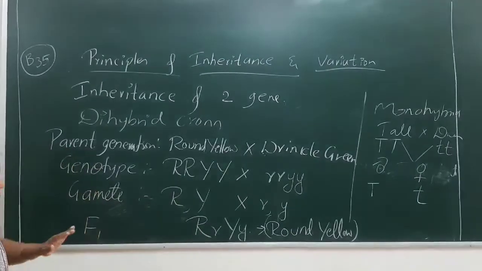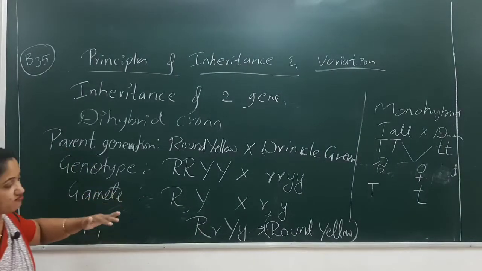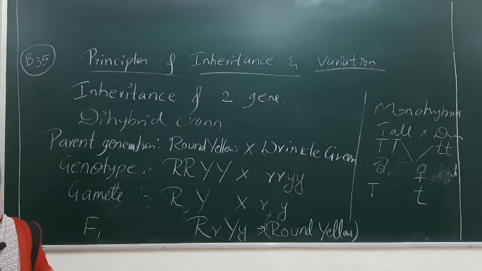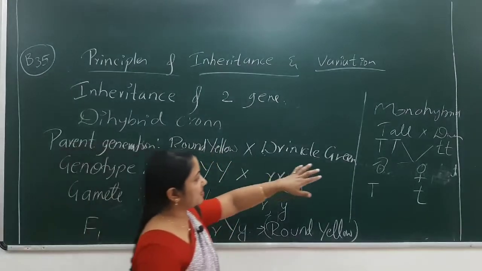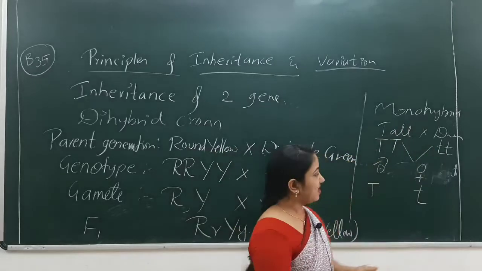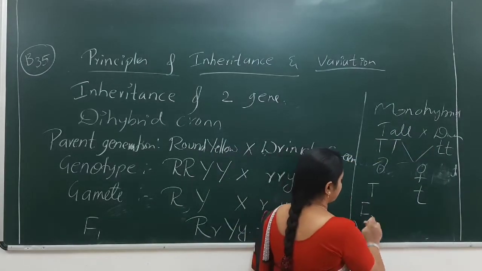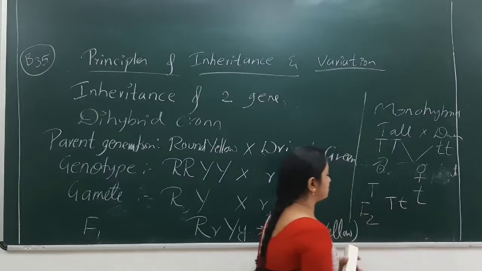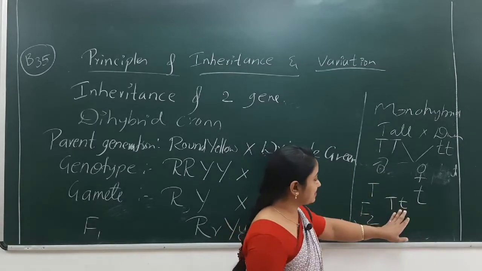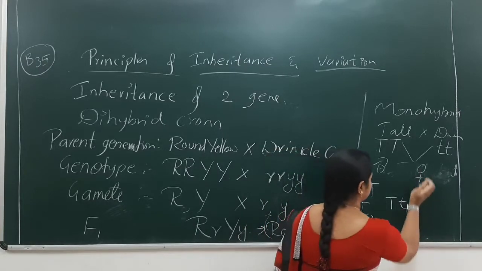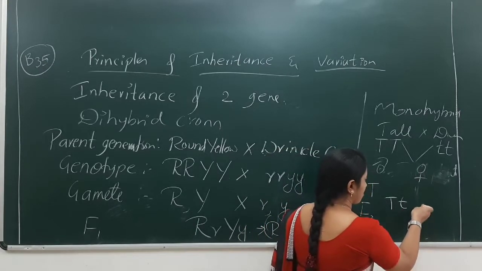Okay. So, next we have to go through the F2 generation. For the F2 generation, I'll come again to the monohybrid cross. In the F2 generation, consider this as the F1 generation offspring, and we self pollinate this F1 generation offspring.